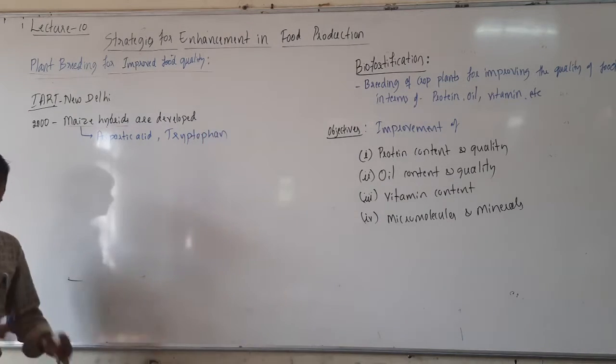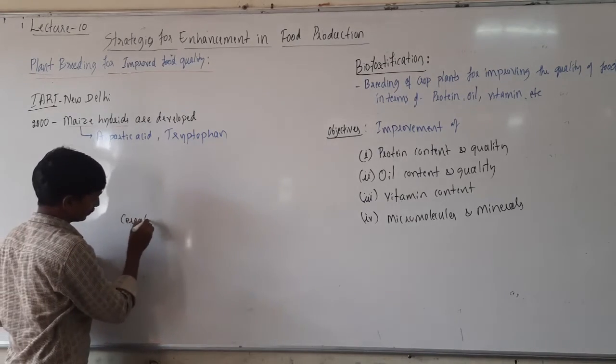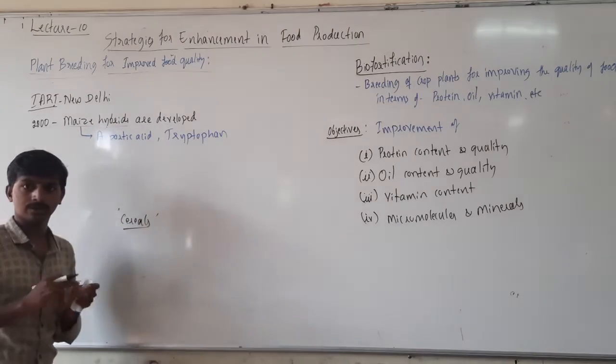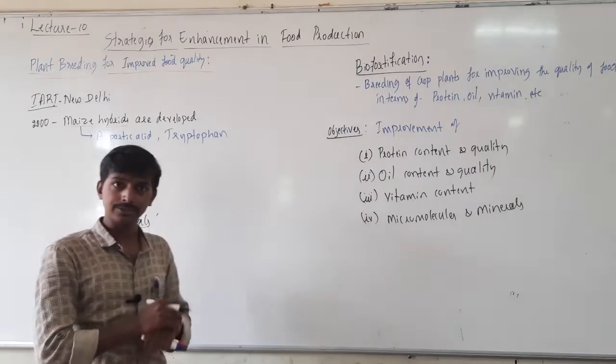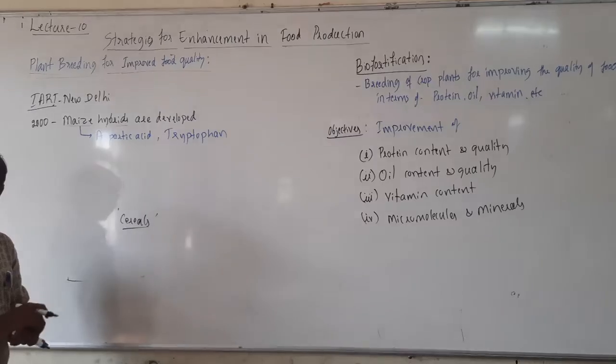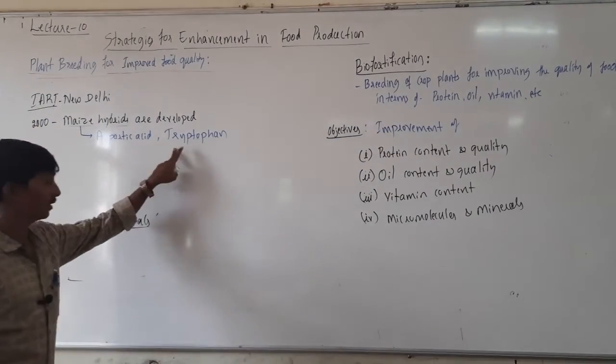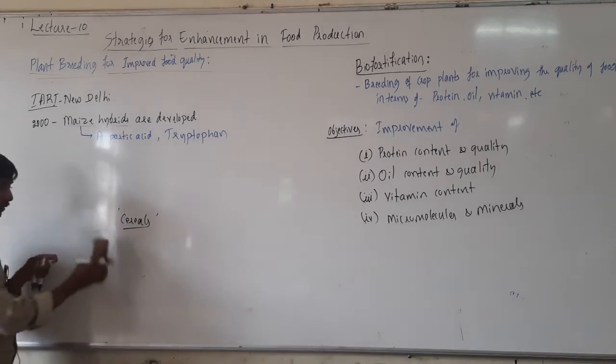Because cereals like jowar, wheat, bajra, rice are poor in these amino acids, our aim is to improve the amount of these amino acids in the food.